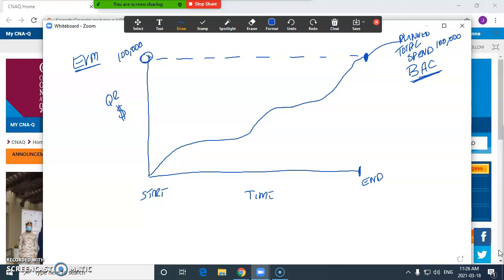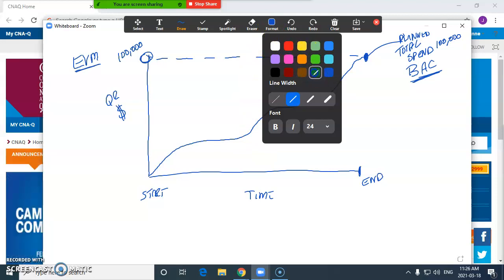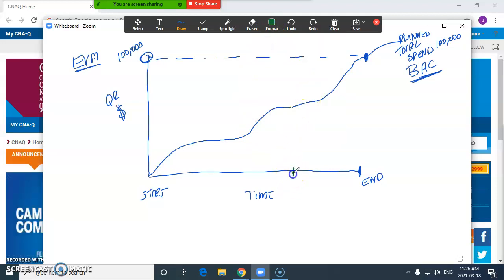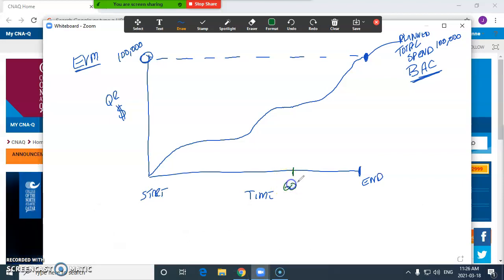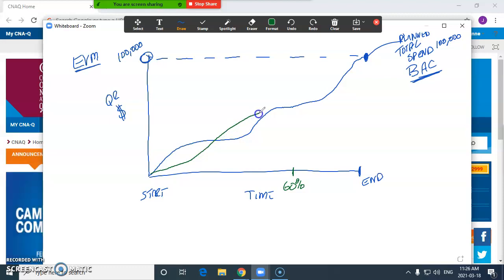So that's the plan. Well, you're doing your project, and you're 60% of the way through, okay? This is 60%. And you started off under budget, but now you're here, okay?